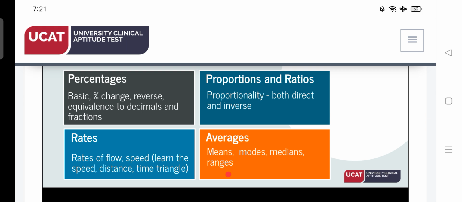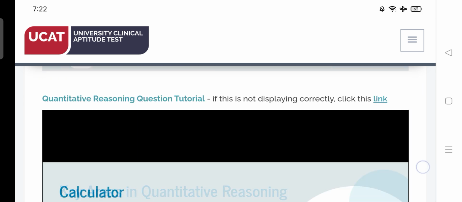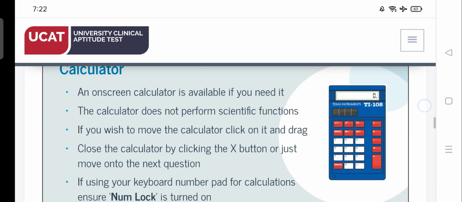These are some important topics of maths that you have to revise before solving these questions, because these types of questions will be included in this portion. So you have to be master of these problems.